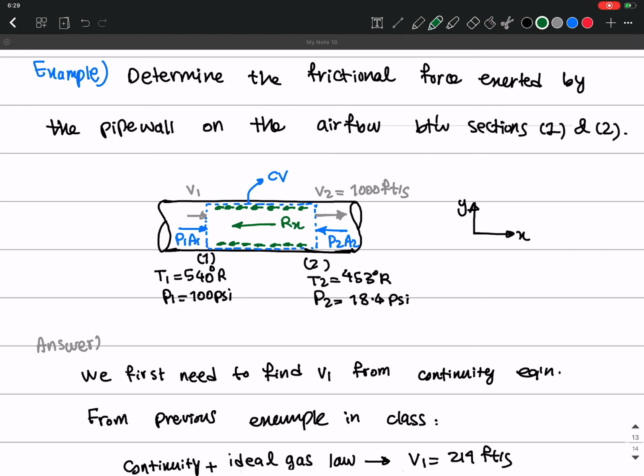So Rx is going to be the resultant force. Let me just write it as the sum of all frictional forces, or net total frictional force.